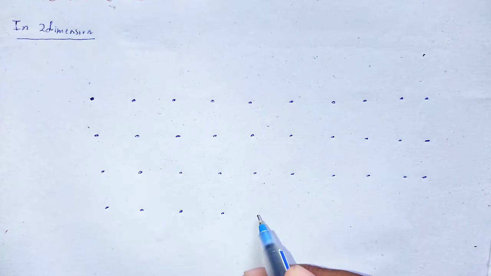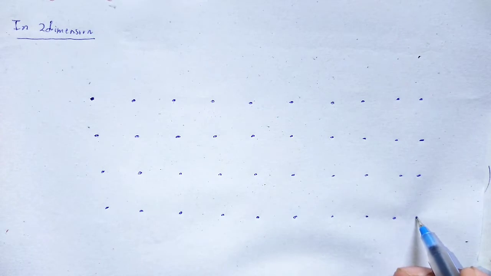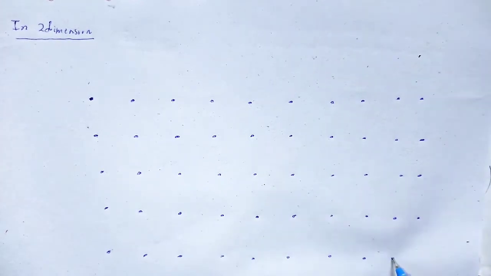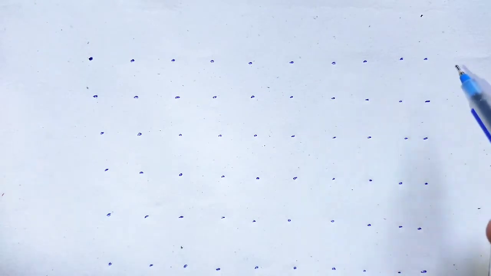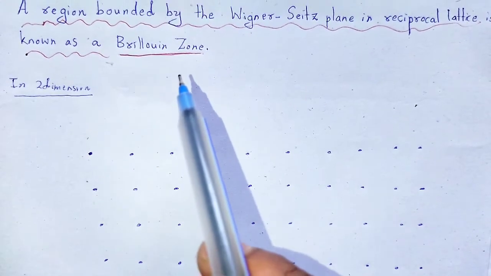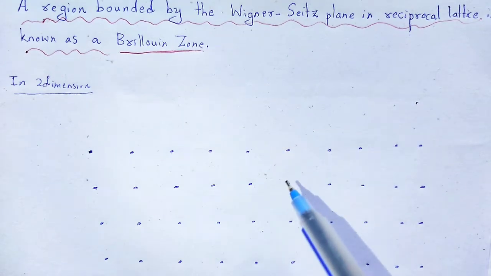Each reciprocal lattice point corresponds to a parallel plane of line. These points are the reciprocal lattice points. According to the definition of Brillouin zone, that is the region bounded by Wigner-Seitz plane in reciprocal lattice.